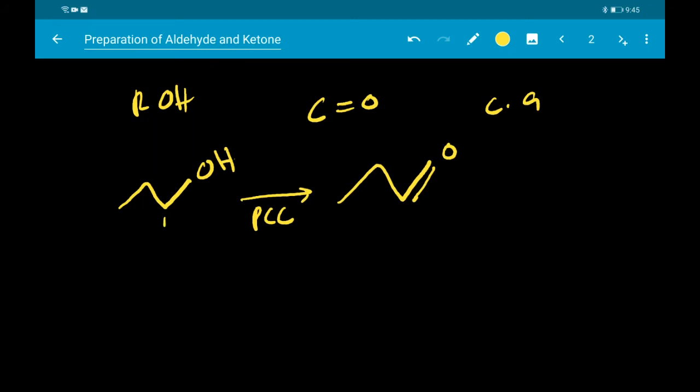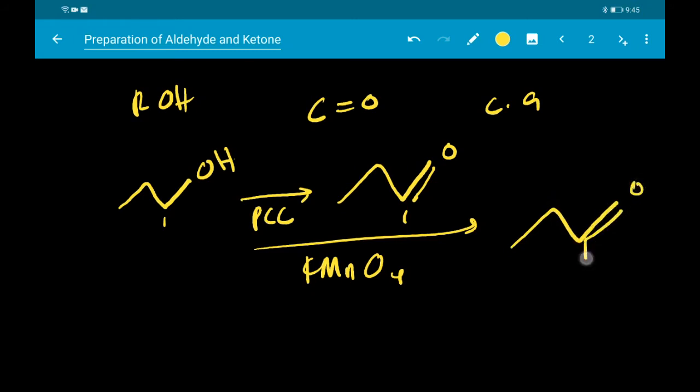As you can see, the transformation of OH into C double bond O happens at the first carbon of the carbon chain. We cannot use strong oxidizing agents such as potassium permanganate, because it will not only convert it to aldehyde, it will further convert it into carboxylic acid. Again, the formation of the COOH happens at the first carbon, because the OH functional group is located at the first carbon.